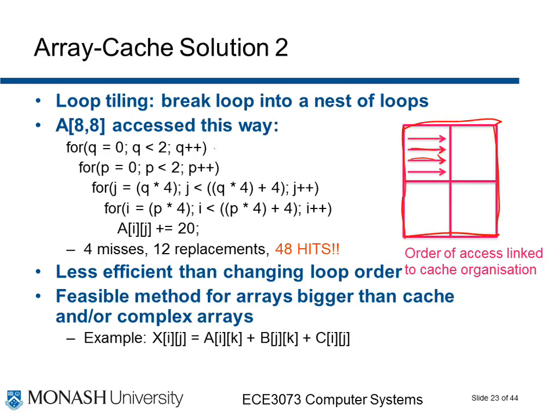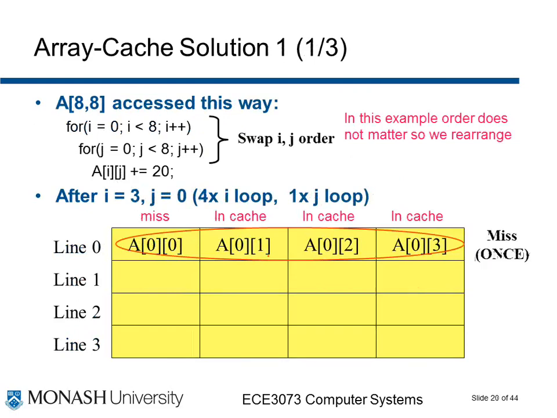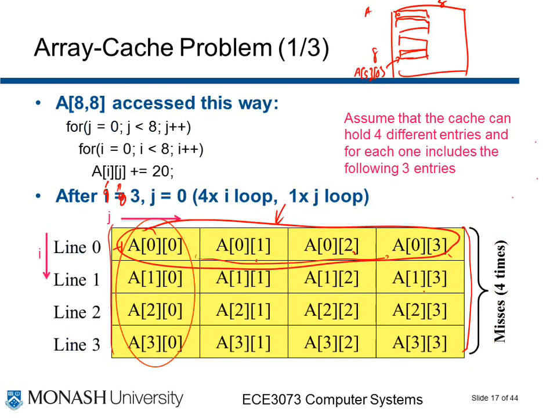Would that work? Well, you first load A00, you'd get 4 elements in here, then you'd have A10, and you'd load the next 4 elements. Basically, after 4 loads, you would get to my original state here.